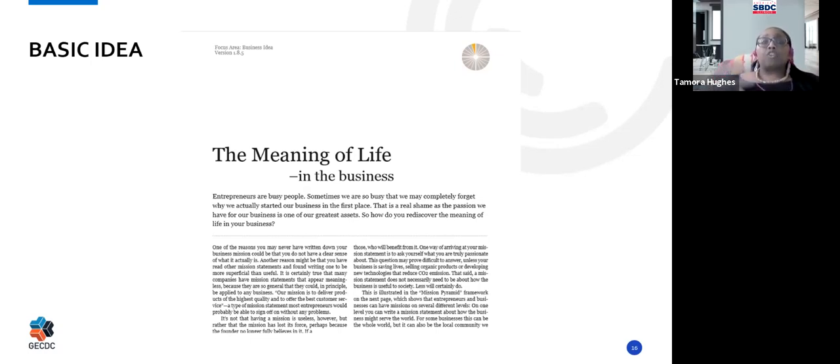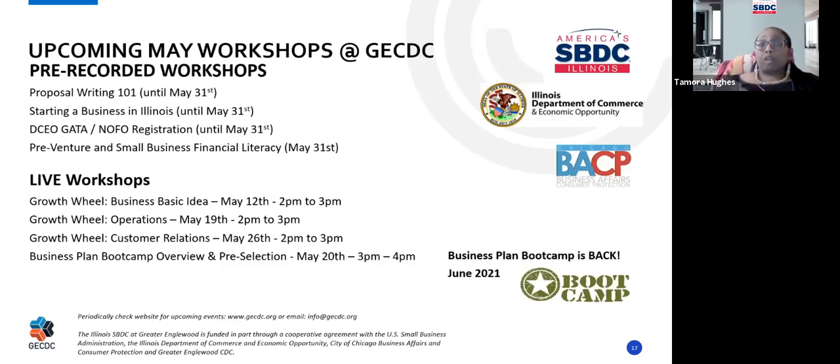They're excellent articles, and we can always share them with you when you contact us and sign up for Growth Wheel. For the upcoming May workshops, some are already pre-recorded. We have proposal writing one-on-one, available on our site, so you can register and see it until the end of this month. Also, starting a business in Illinois is available, pre-recorded.